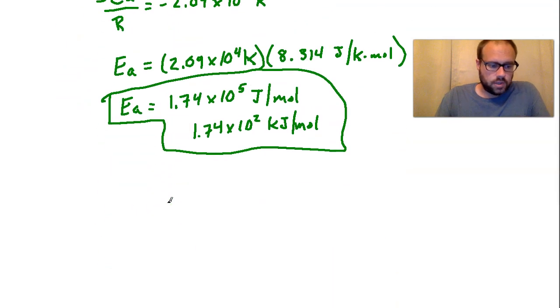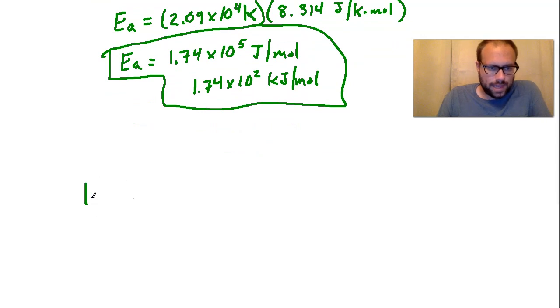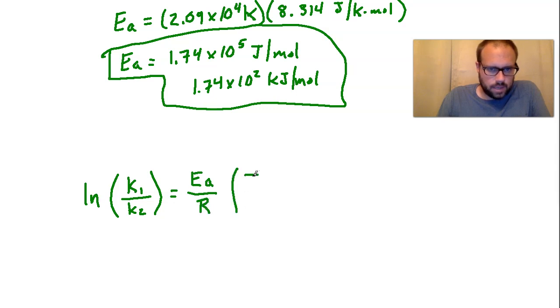All right. So what we want to take a look at here is how does the rate constant change with temperature, and that is given by the following. We can say that the ln of rate constant 1 compared to rate constant 2 is going to be equal to the activation energy over R times temperature 1 minus temperature 2 over the product of temperature 1 times temperature 2.